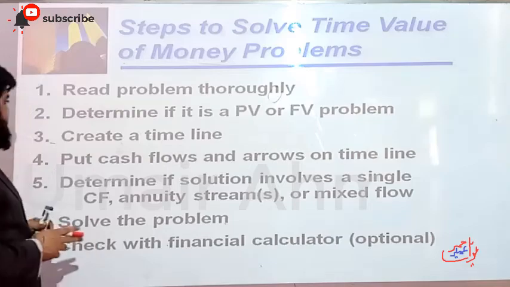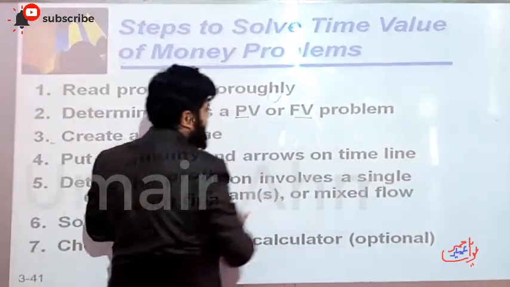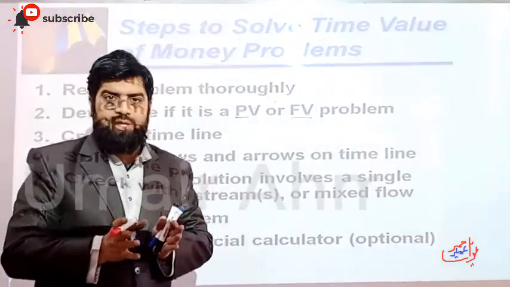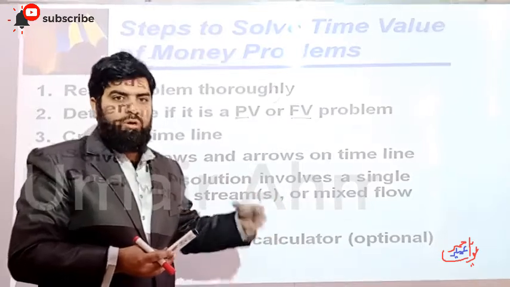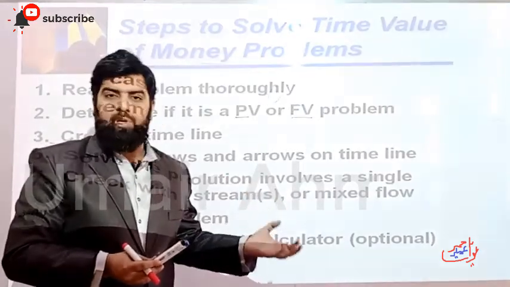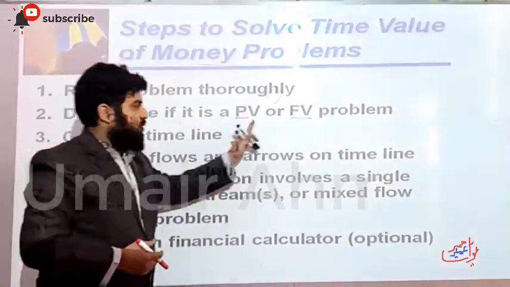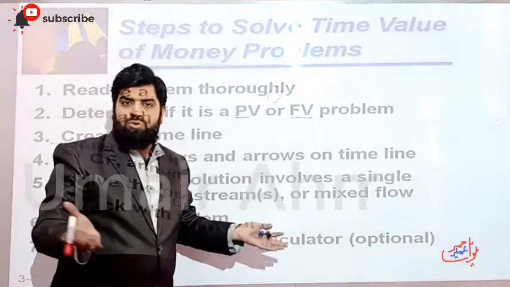After that, determine if it is present value or future value. You have to find out, as I taught you in the class, whether the problem is related to present value or future value. It is a very important step. If you get it wrong, the whole solution will be wrong.